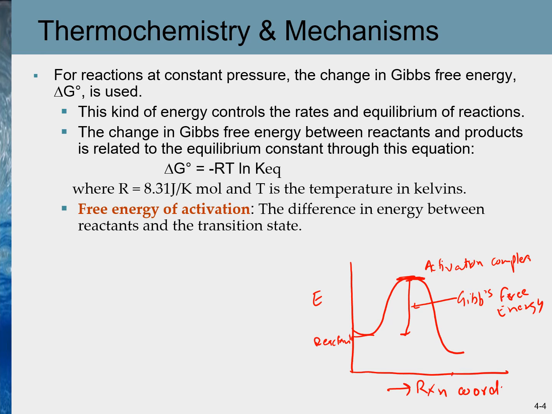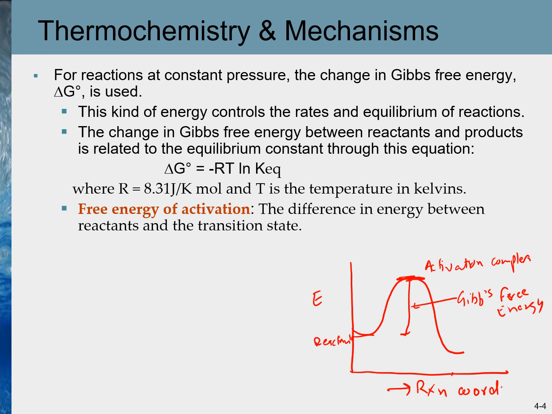So this Gibbs free energy of activation controls the rate of reaction. If this free energy of activation is extremely high, the chances that a collision will result in product will be low, so the rate of reaction will be slow.